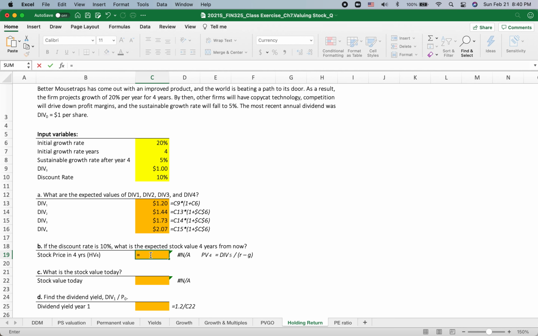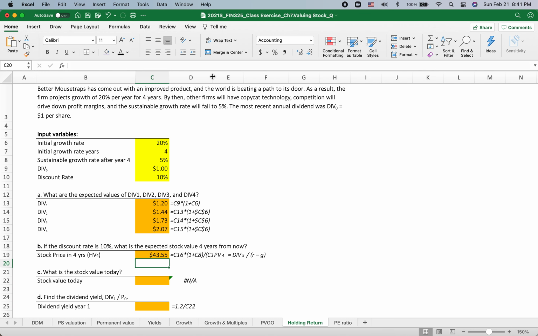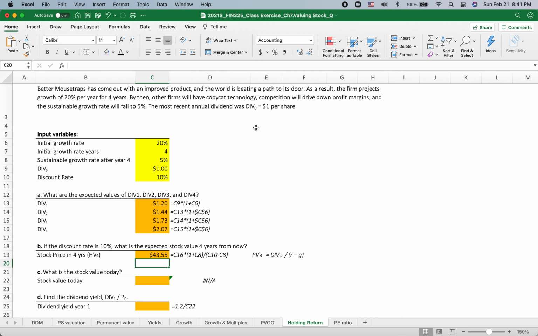From then on, we use this dividend times 1 plus the 5% sustainable growth rate, and then divided by the discount rate 10% minus 5% once again. So $43.55 is not the present value today, but that is the value in year 4.